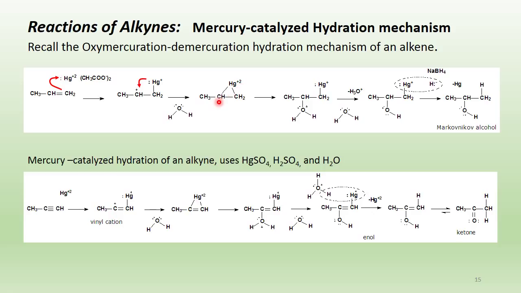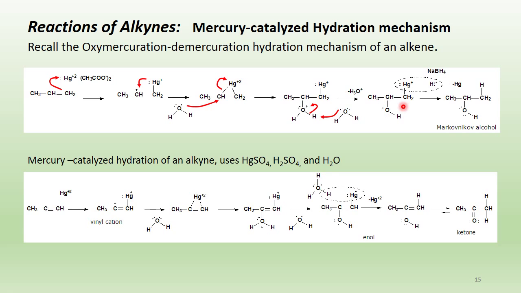Now in this state, the carbon that bears most of the positive charge, when it collides with a water molecule, will break the mercurinium ion bridge, which goes back to plus 1, and we have water added. That oxonium ion is deprotonated by another water molecule, producing the alcohol group.